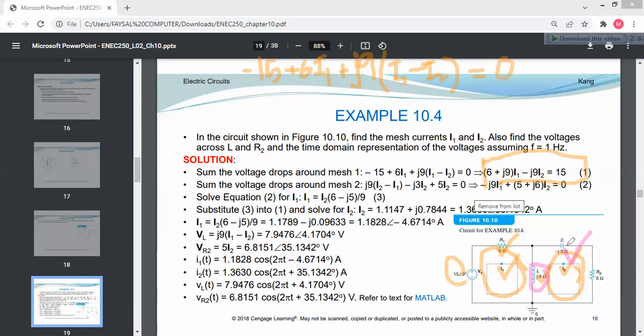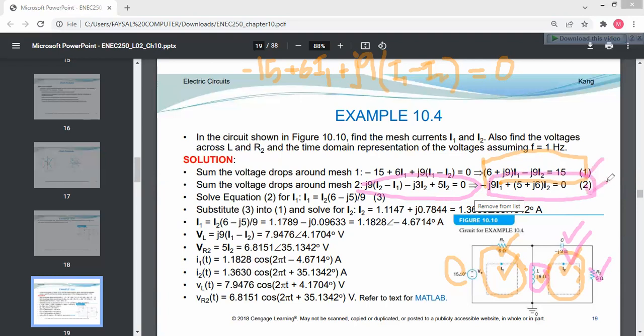Then there is a negative of this one, so negative 3J, then this resistor, so plus 5I2. So this is the value for this circuit. After elaborating, this is the complete equation. So this equation is known as my first equation, and this is the second.